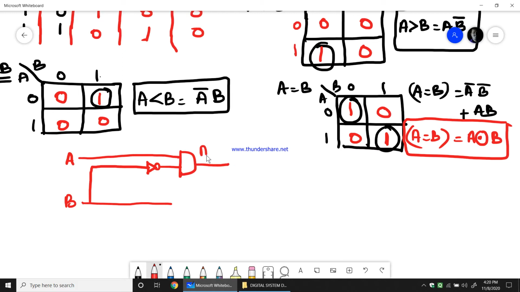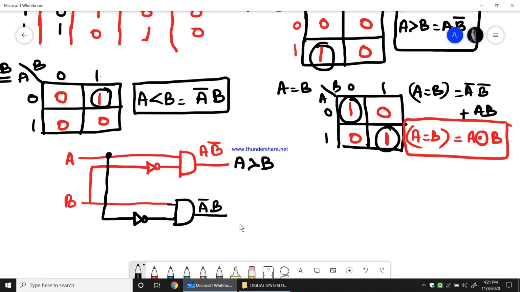This gives me AB bar, whereas I will have A bar B. I'll take from here, use one more NOT gate here for A, so this becomes A bar and this is B, so this will be A bar B. So this is A greater than B and this is A less than B.